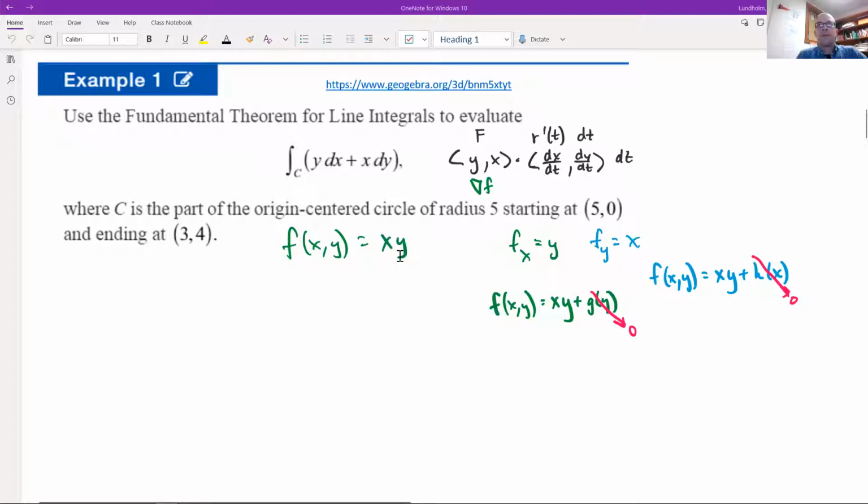And so, in order to solve this problem using the fundamental theorem of line integrals, I've taken way too much time on this. I'm sorry. All we've got to do is evaluate this.